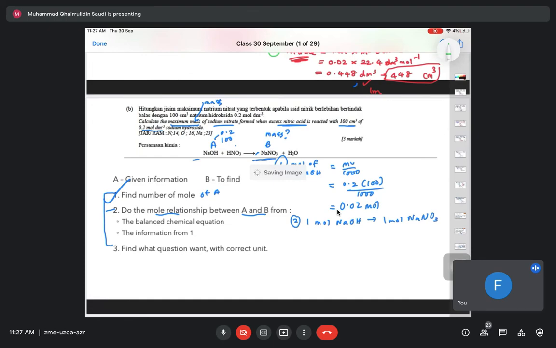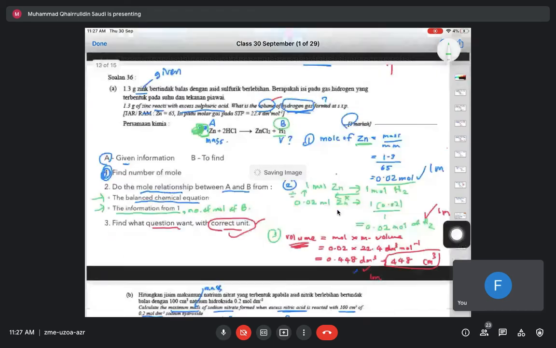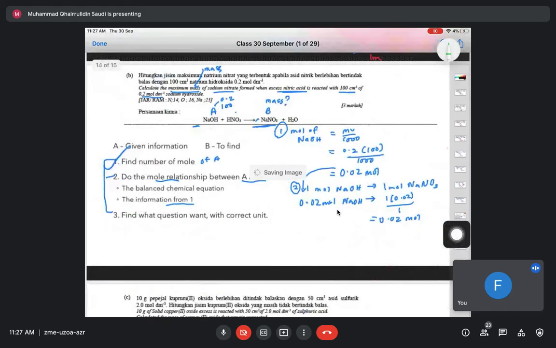So, from the information daripada 1, so now adalah 0.02. 0.02 mole of NaOH produce berapa pula? 1 darab 0.02 bahagi 1 equal to 0.02 mole of siapa sekarang ni? Sodium nitrate. Good. Mole of sodium nitrate, NaNO3.